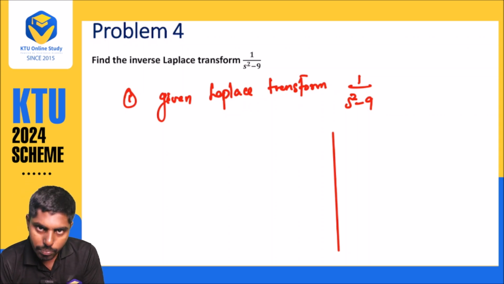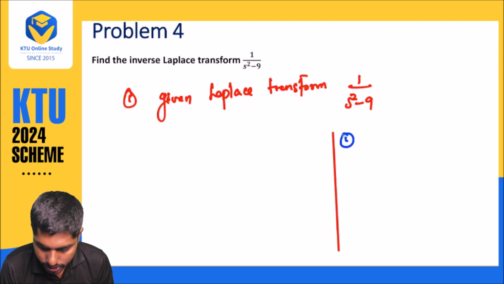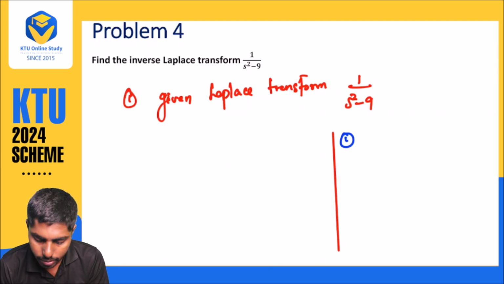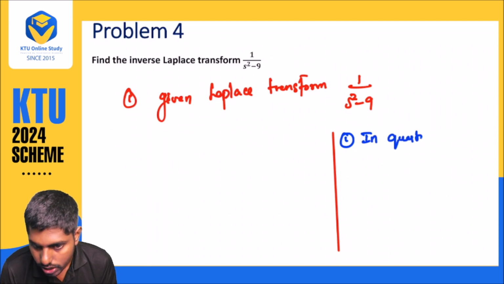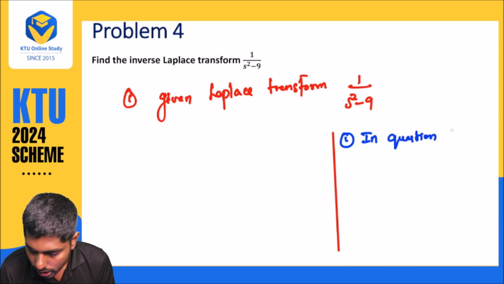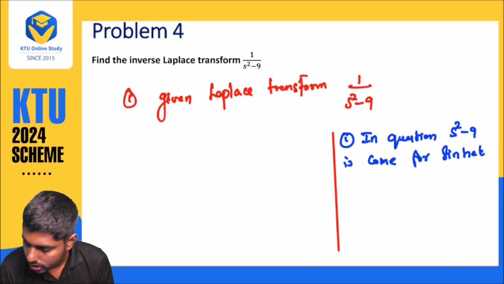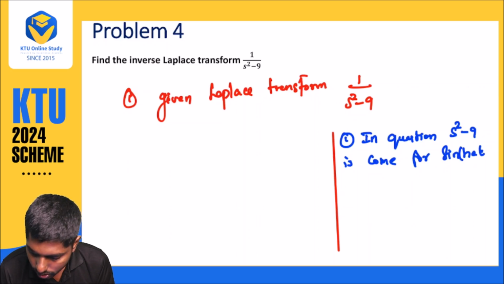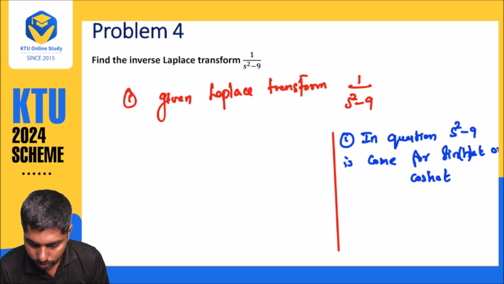Condition number 1, what observation can we make? In the question, x square minus 9 comes for sin hat or cos hat. These are the two things in the first condition.